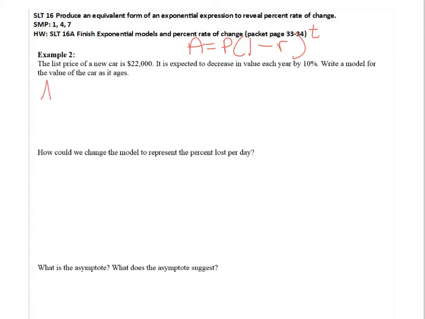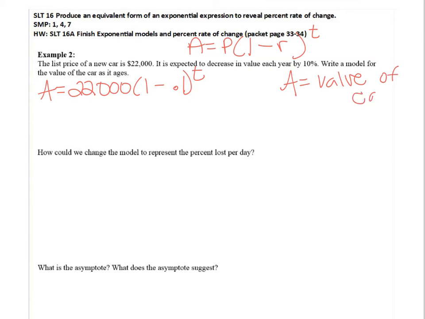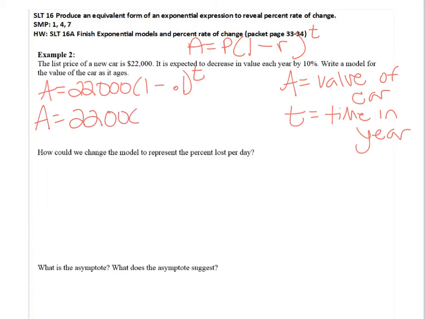The amount the car is worth started at 22,000, times 1 minus 0.1 to the t, where A is the value of the car and T is time in years. And I can see it each year here. So simplifying that, 1 minus 0.1 is 0.9 to the t.